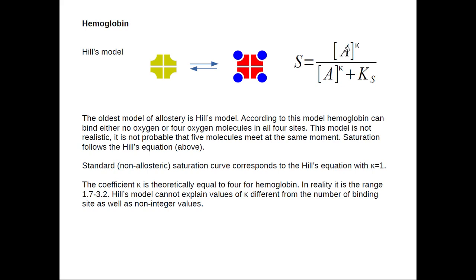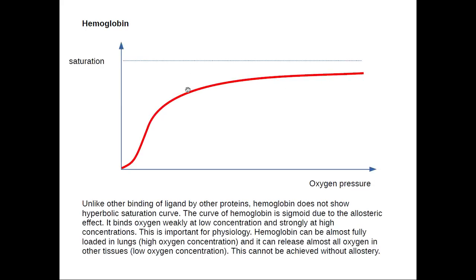In this case A is oxygen, and Ks is a saturation constant. Normally, if there is a hyperbolic saturation, this kappa coefficient is equal to 1, so you can simply remove it. And if you plot such an equation, how saturation depends on the concentration of oxygen, for example, then you get a very similar curve, but nicely hyperbolic.